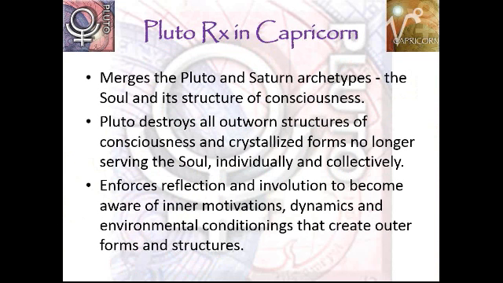So that we become aware of all of those environmental conditionings we were born with, that we were raised with, that no longer work, that we're trying to throw off. Because all of those environmental conditionings, and that's Saturn, that's Capricorn, have created these outer structures and forms. And they don't work for us anymore. So we become highly sensitized to those conditioning factors that have created this outer world when Pluto's retrograding in Capricorn.